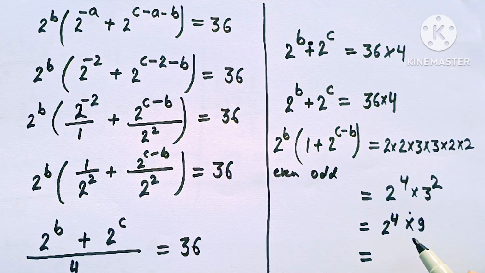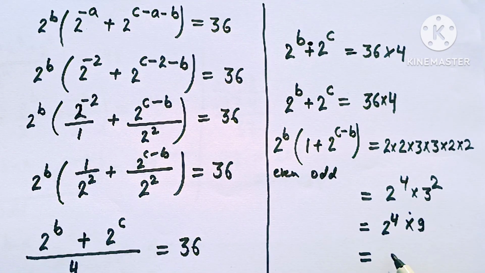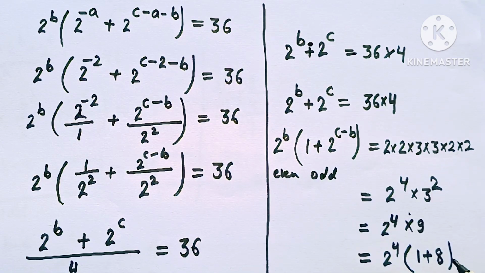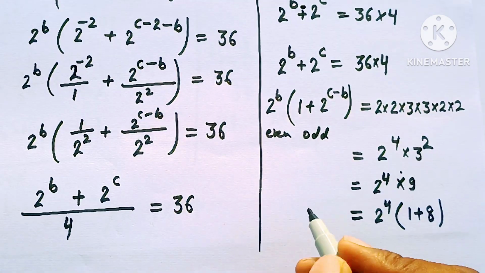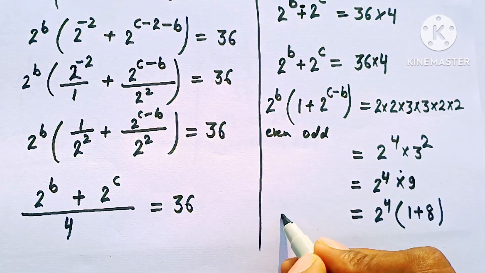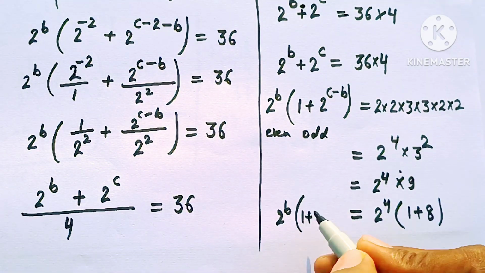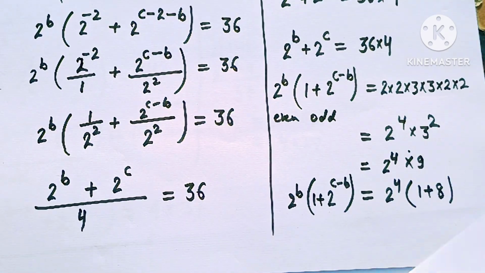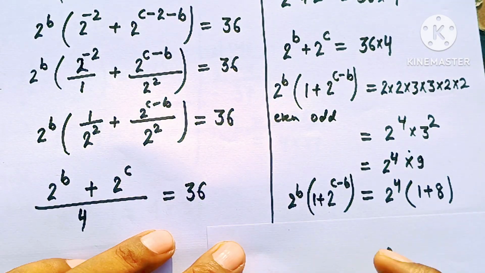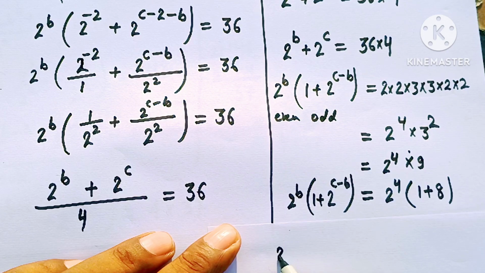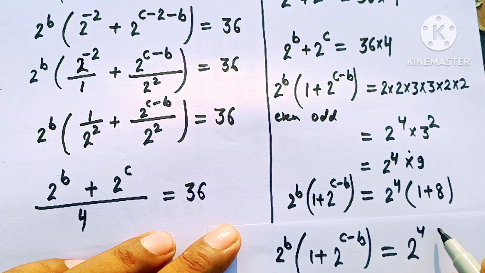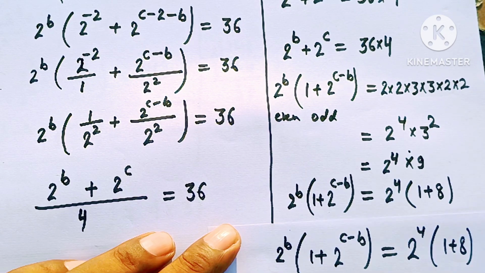And you can see that I need to write 9 in odd and even format, so this could be written as 1 plus 8. Here I'll have 2 to the power b times (1 plus 2 to the power c minus b), and I have 2 to the power 4 times (1 plus 8).